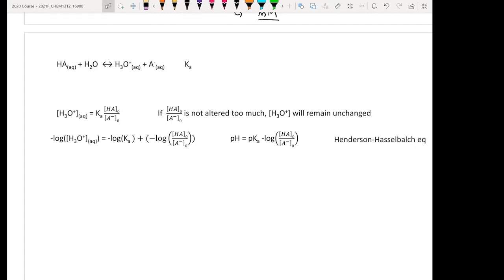For example, today you have this weak acid, and it's going to dissolve inside your water. And then you have a substantial amount of weak base coexisting inside your solution. Then you know your Ka is defined as H plus concentration times A minus concentration over HA concentration, right?